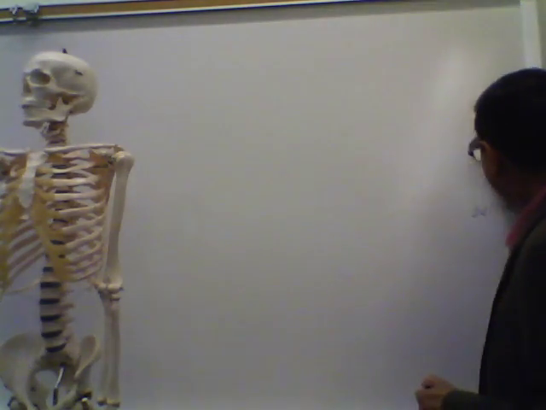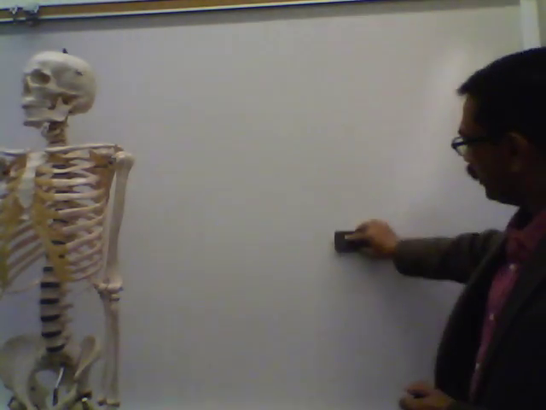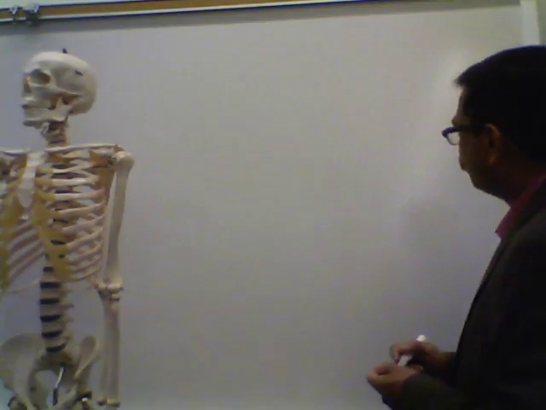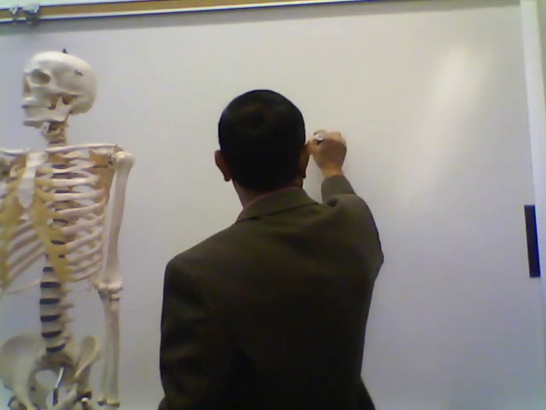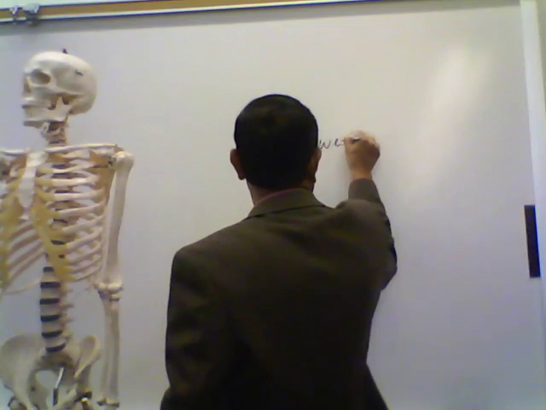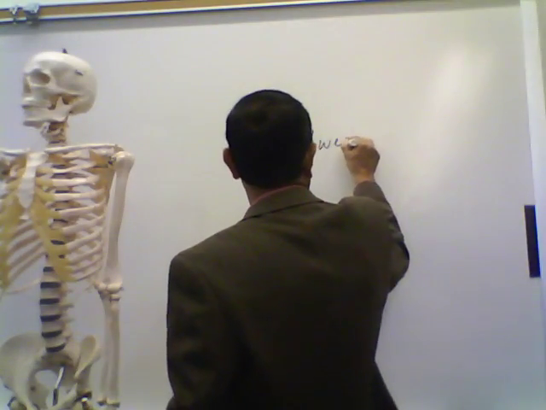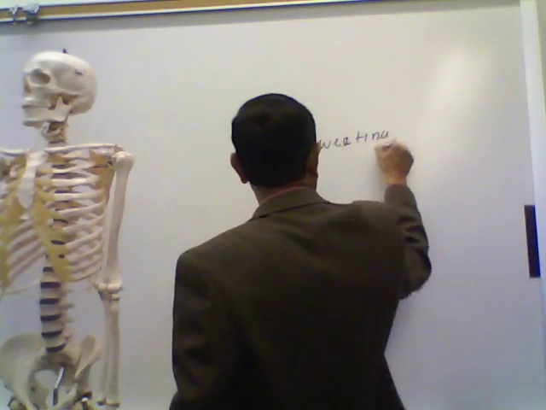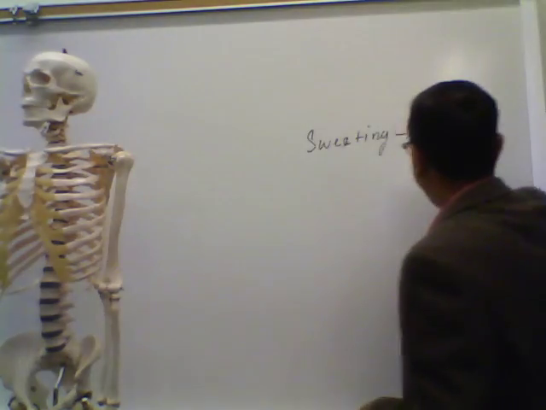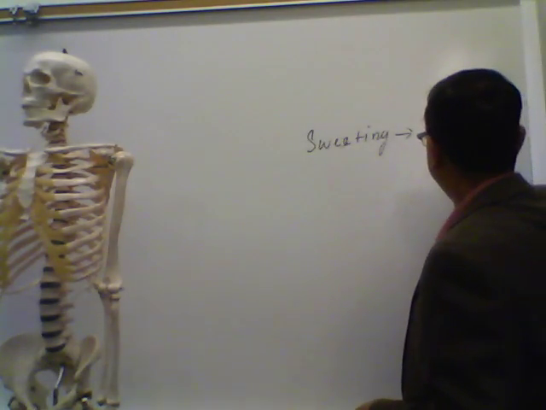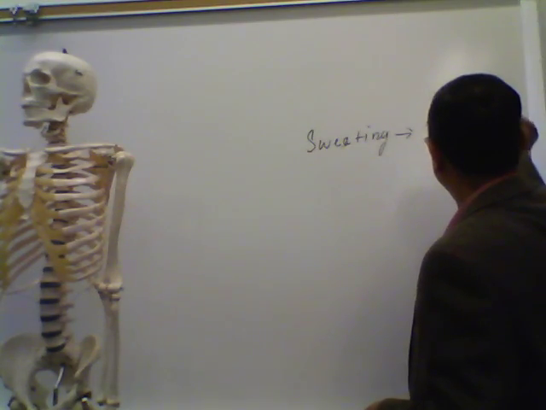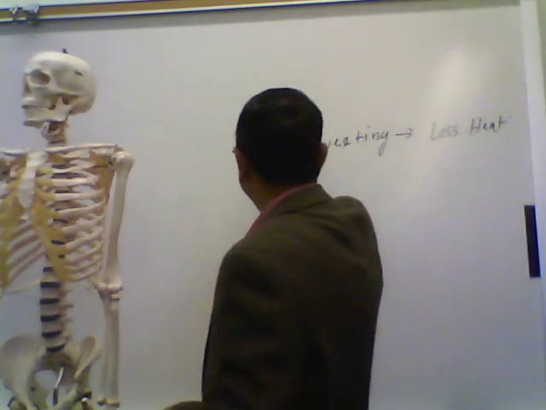Eccrine sweat glands release highly watery sweat. So sweating is one way; we lose water, we lose heat from the body. So sweating, number one.